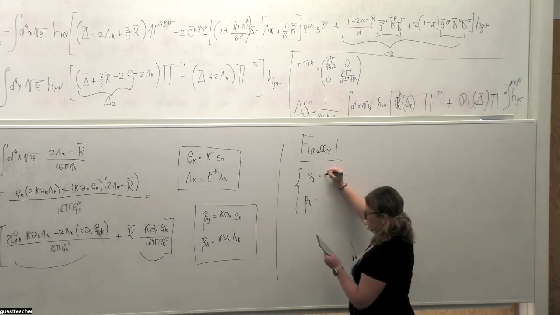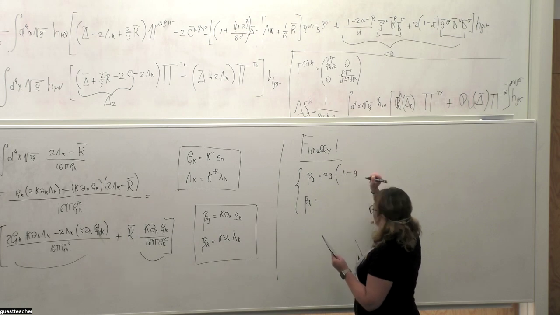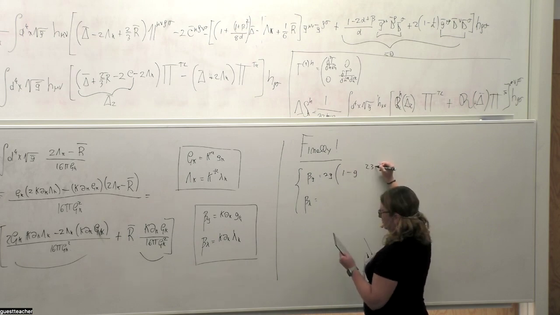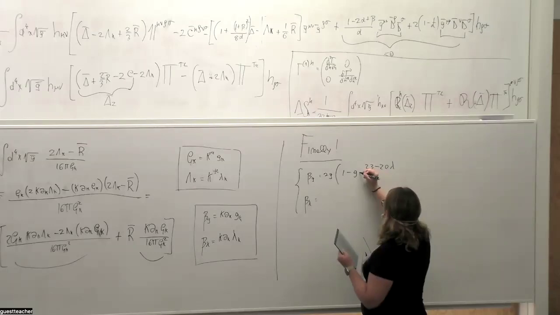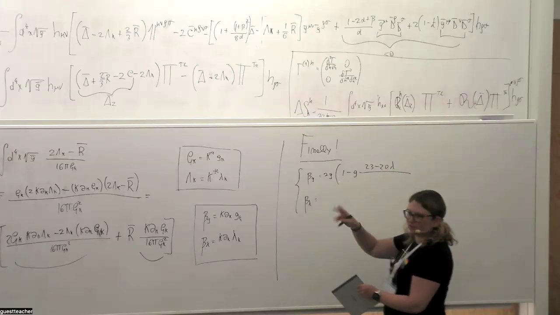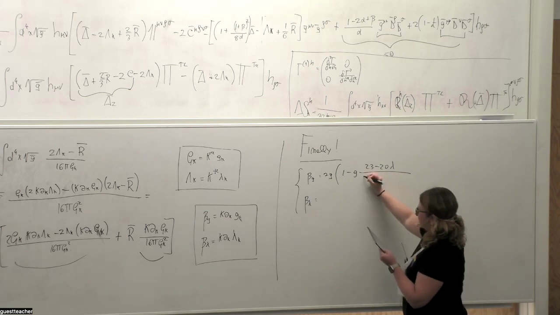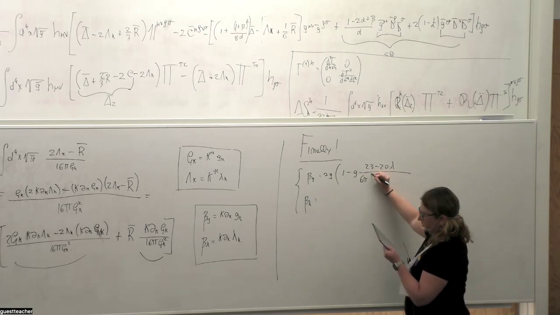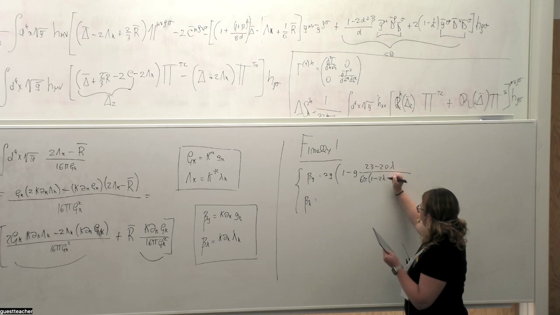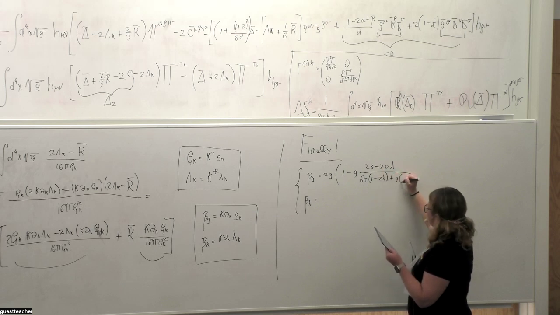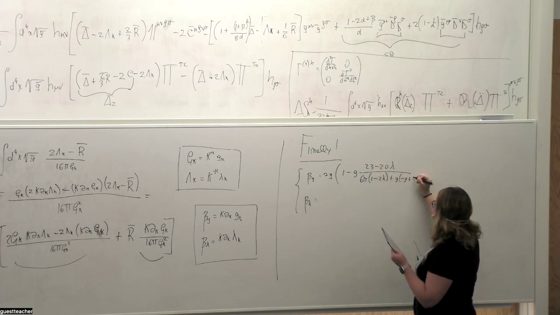Beta_g, which is 2g (1 - g (23 - 20 lambda)), all of these are g_k, but it's just a shortcut. And then we have 6 pi (1 - 2 lambda) plus g minus g plus 5 lambda.